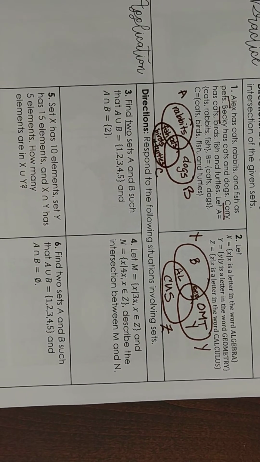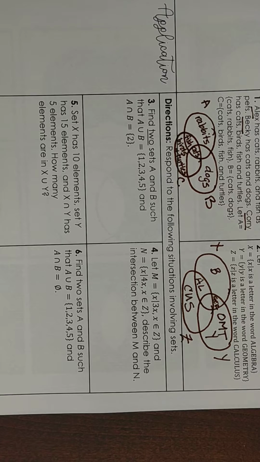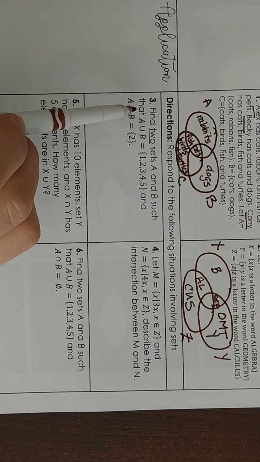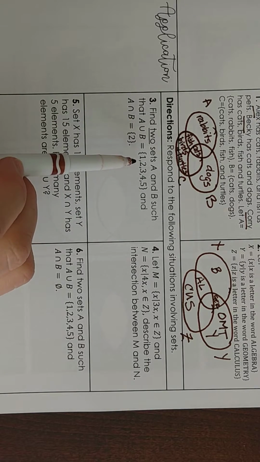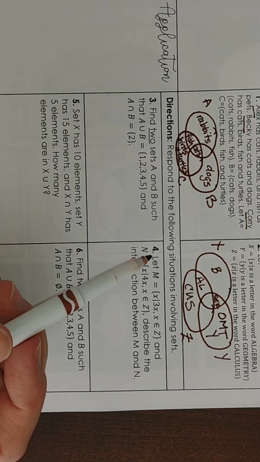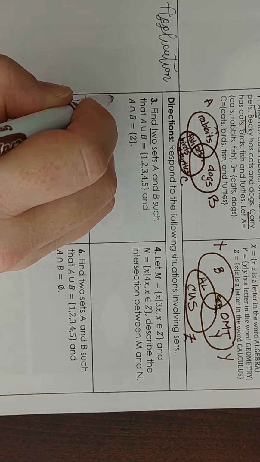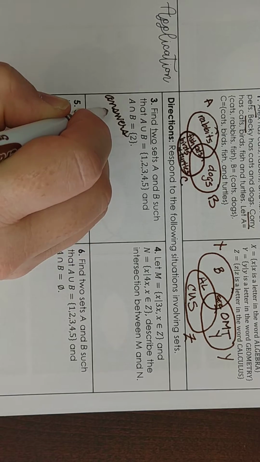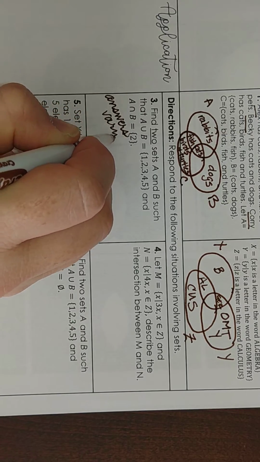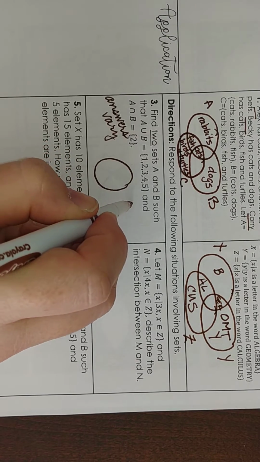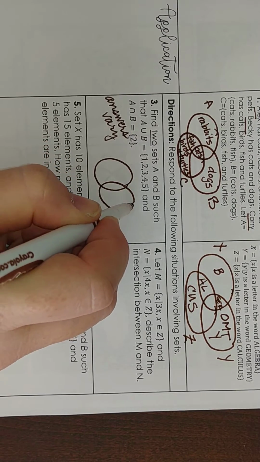All right, let's take a look at some application. We're going to respond to the following situation involving sets. Number 3 reads, find two sets A and B such that A union B is equal to {1, 2, 3, 4, 5}, and A intersect B is equal to {2}. In this situation, answers can vary as long as the intersection between A and B is the number 2.